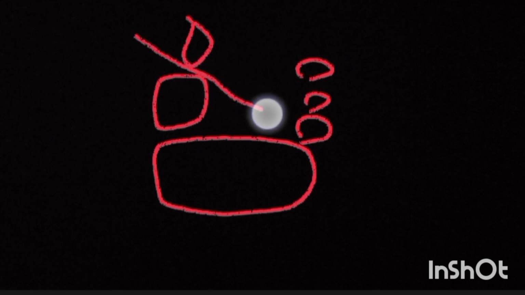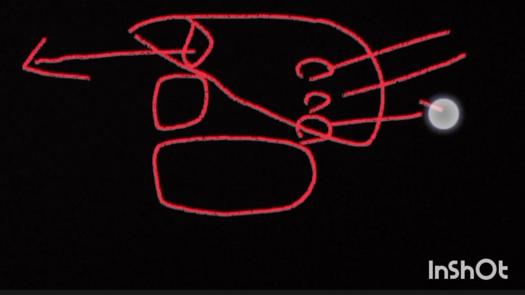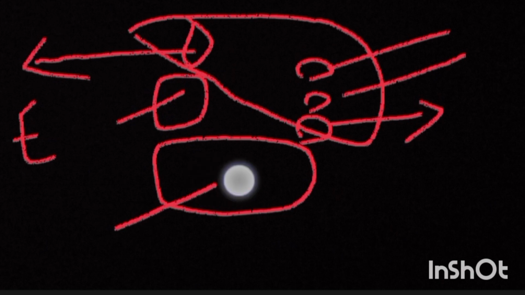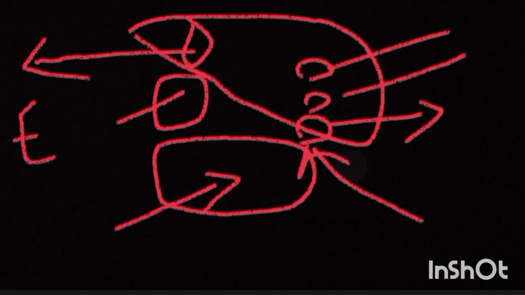Above all these are elastic cartilages: epiglottis, corniculate, cuneiform, and tips of arytenoid cartilage. These belong to elastic cartilage. They do not ossify. Rest, thyroid cartilage, cricoid cartilage, and the basal part of the arytenoid, these are the hyaline cartilages.